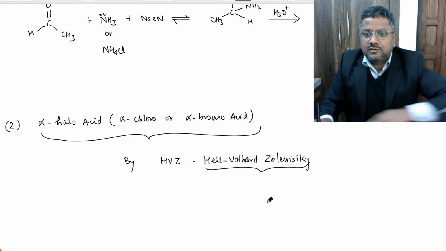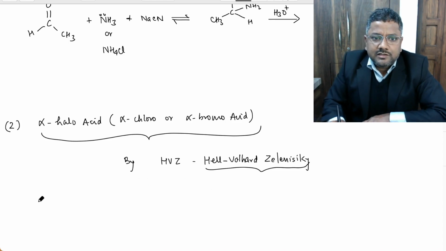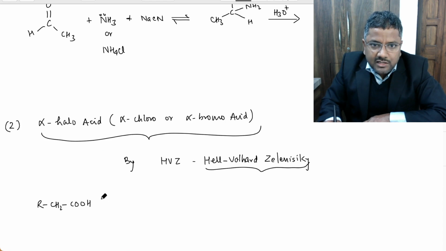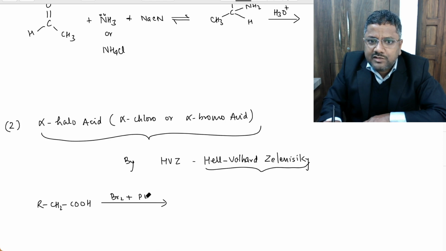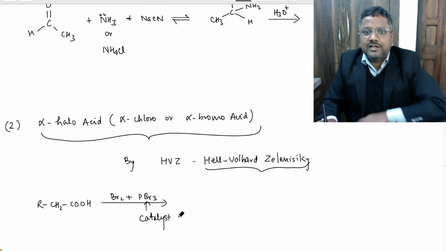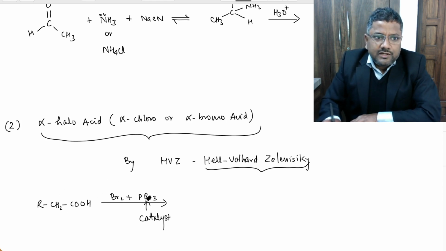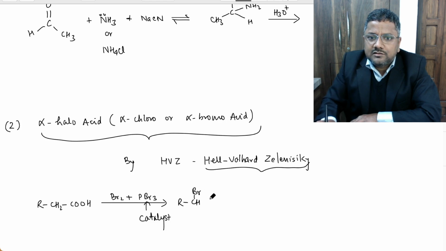So alpha halo acid, if you take carboxylic acid RCH2COOH plus Br2 plus PBr3. PBr3 is the catalyst here, right? So you will get RCHBrCOOH, right?